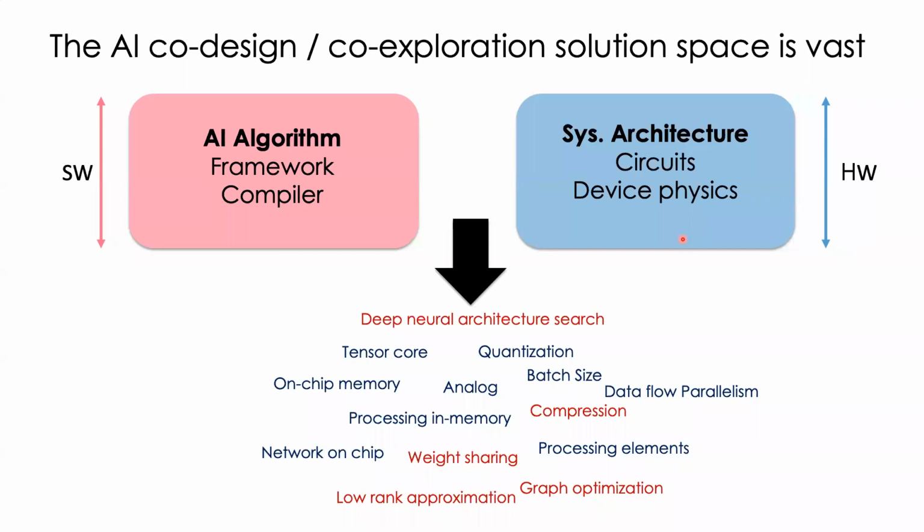If you constrain yourself to that search space, it largely boils down to the things that you see here depicted in red. So you can use techniques like neural architecture search, and I'm going to talk about this a little bit later, in order to design better algorithms. You can automatically try to compress these models in a form that they can fit within those resource constrained environments that you have on the edge device.